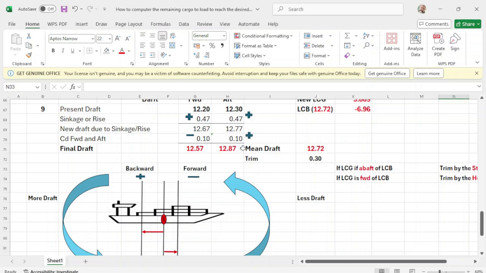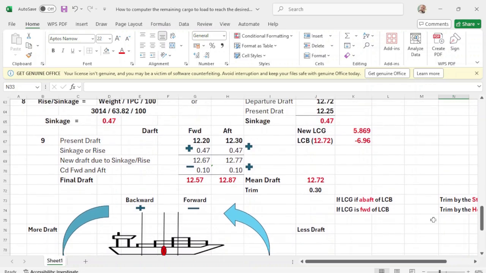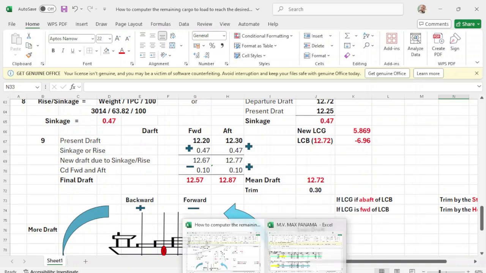And in the aft part, you have to add because the aft part will sink, meaning you will have more drop. So from 12.67 minus 0.10 forward, the forward will be 12.57, and the aft drop if you add will be 12.87.